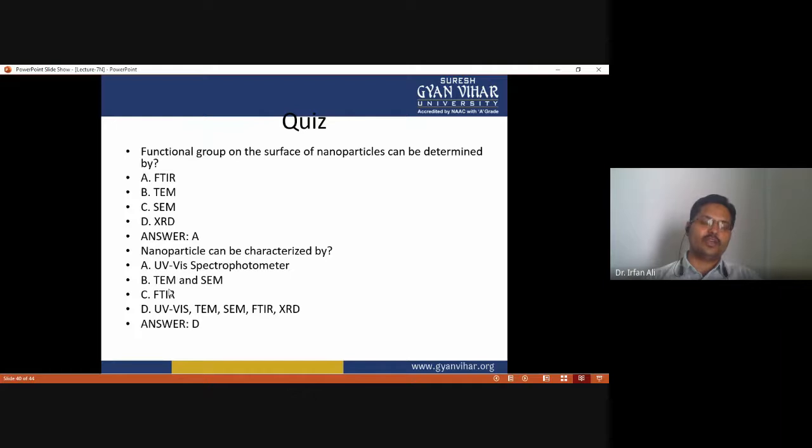UV spectroscopy can be utilized for the identification of nanoparticles and to check their purity. Transmission electron microscopy is used for the size and shape of nanoparticles. Scanning electron microscopy can be used for the morphology and topography of nanoparticles. FTIR is used for the characterization of functional groups. That's why all techniques could be used for the characterization of nanoparticles.